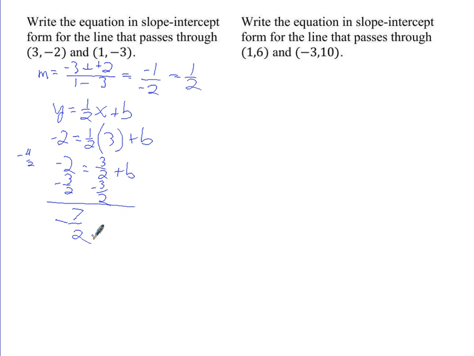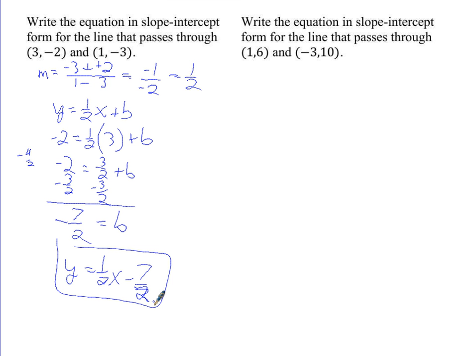You'll get negative 7 halves. Equals b. So now my equation is there you go. So a little bit of fraction work in there, not too terrible. Just because you see fractions doesn't mean you're doing it wrong. Keep going. Get it done.